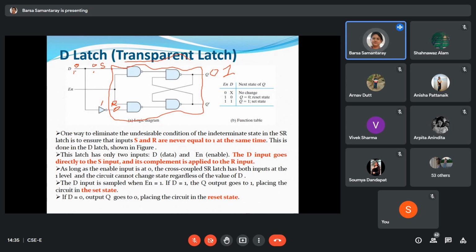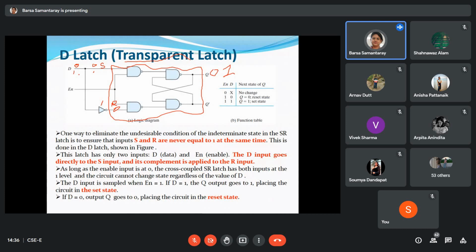Then although I am giving the one input, but I will get your two input. So it is just like your SR flip-flop with your enable line. So if the two input are merged to a single input, that one is known as D flip-flop.